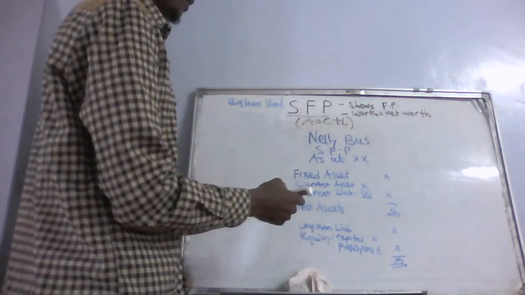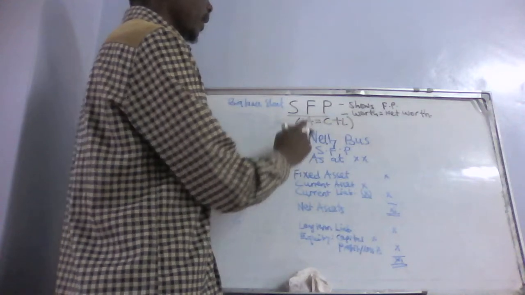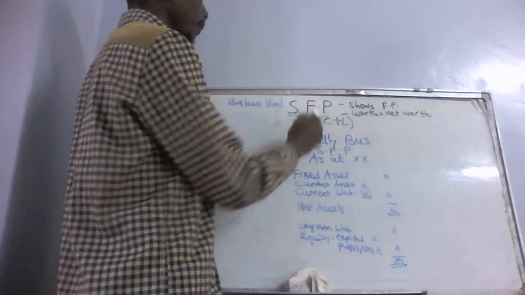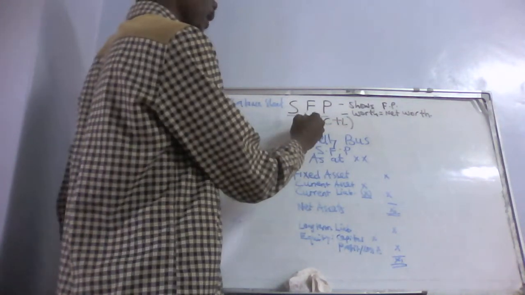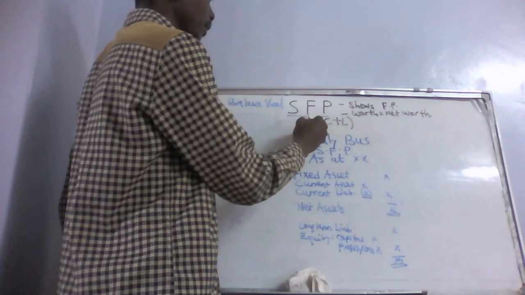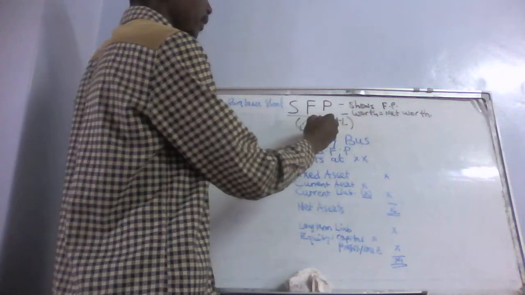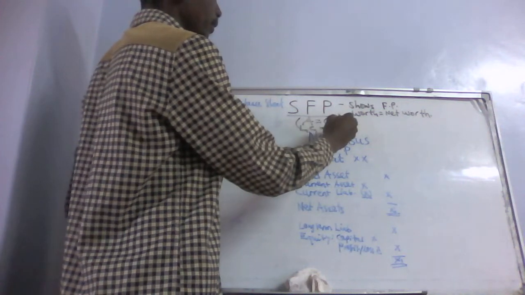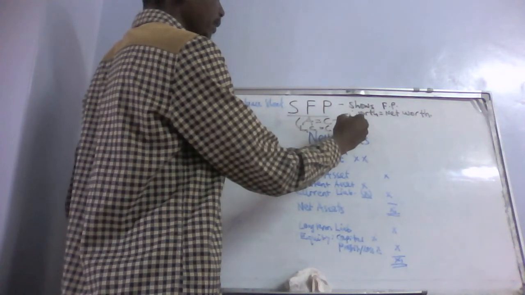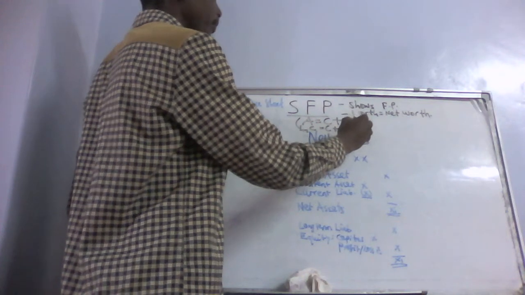Because if you look at it, assets are equal to long-term assets and short-term assets. So this is long-term and current assets, and this is capital, and this is long-term liabilities and current liabilities.